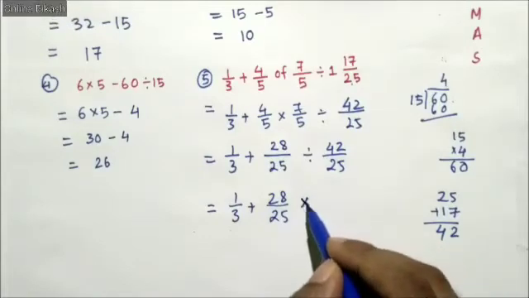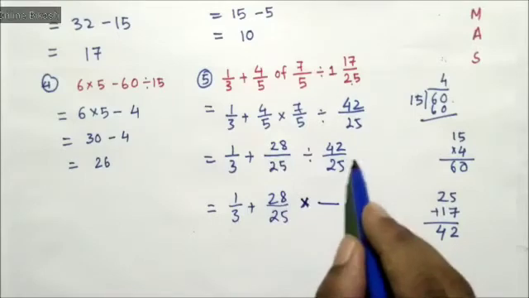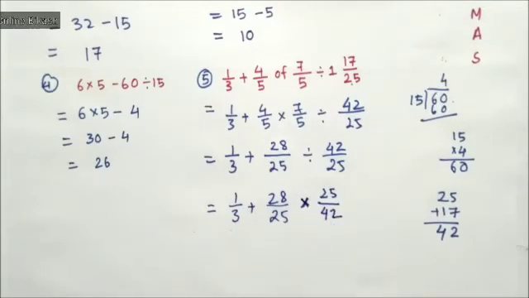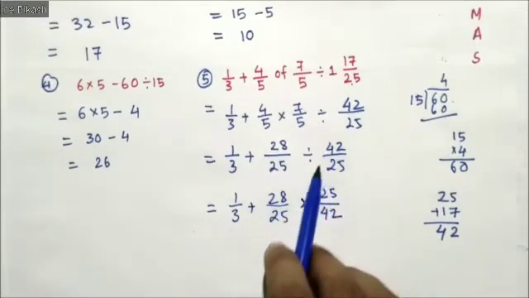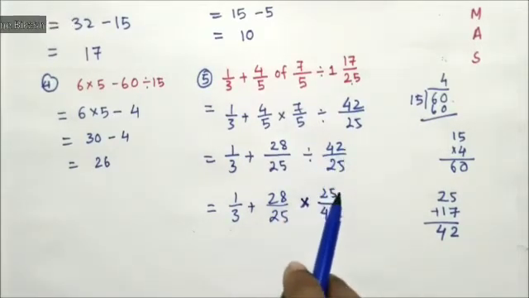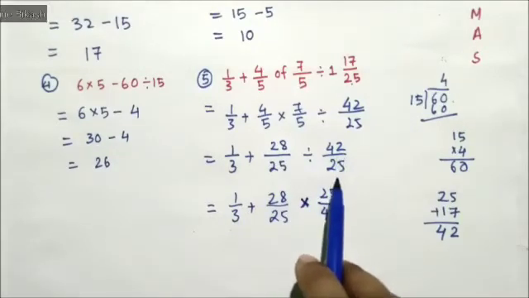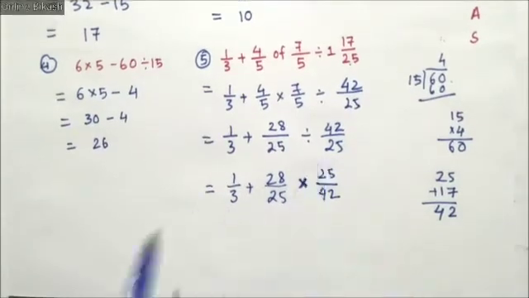When you change the division sign to multiplication, 25 will go up and 42 will be here. Is it clear? The division sign has changed to multiplication, and this fraction is changed to its reciprocal. 42 by 25 changes to 25 by 42. Very simple. It is the process of doing division in the case of fractions.